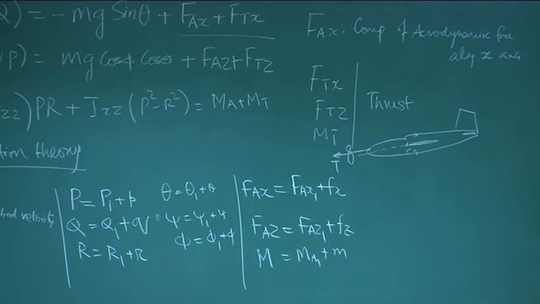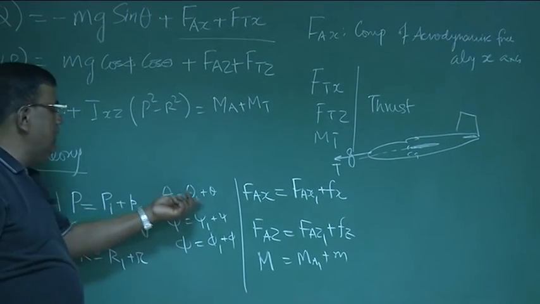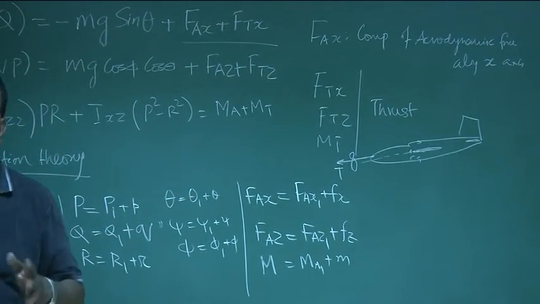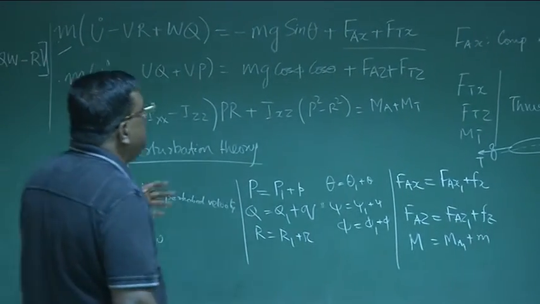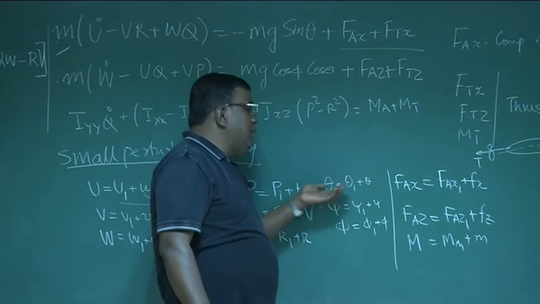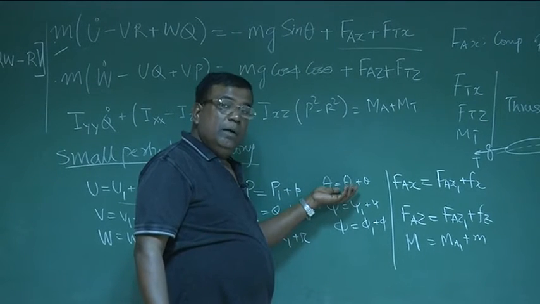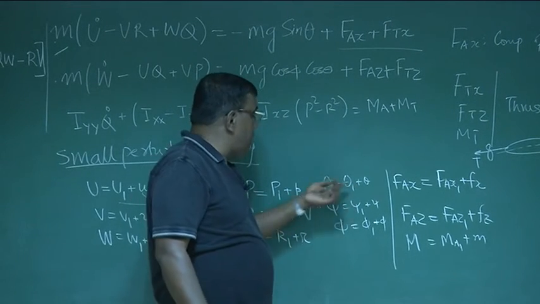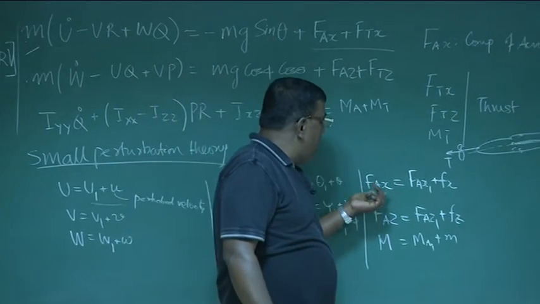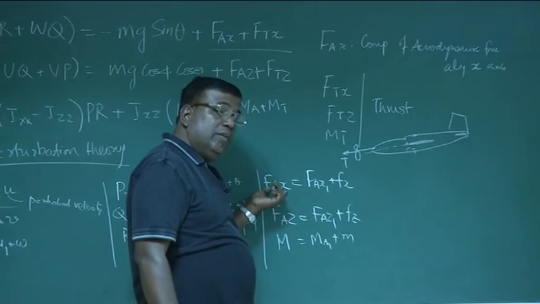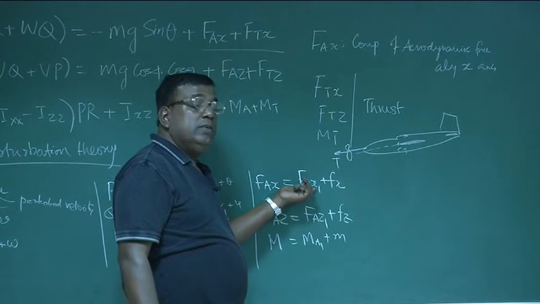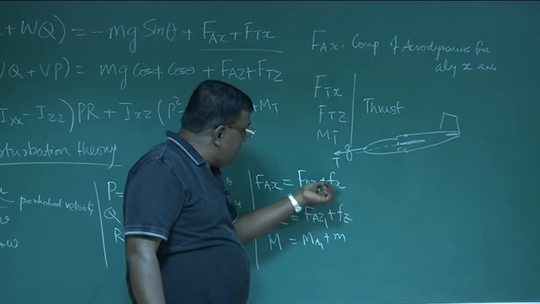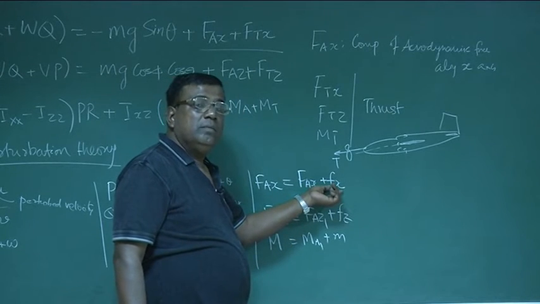Once I am writing the quantities with subscript 1, that means these are the conditions at steady state. That is important because after all we are giving disturbances about the steady state, which is the equilibrium point for us, and these are the perturbed quantities. So what is the meaning? If I write FAx, total after perturbation is FAx1, that is whatever force is there at steady state, plus the perturbed quantity, the perturbed aerodynamic force.